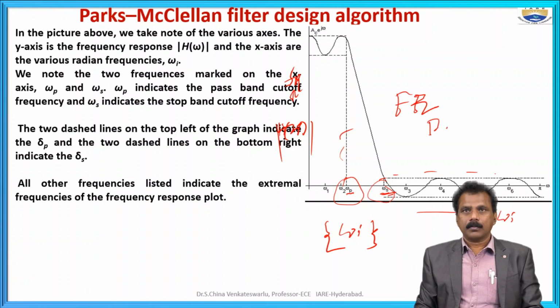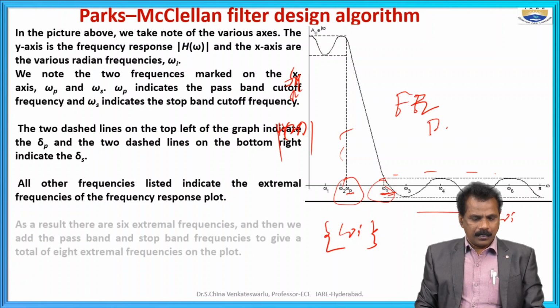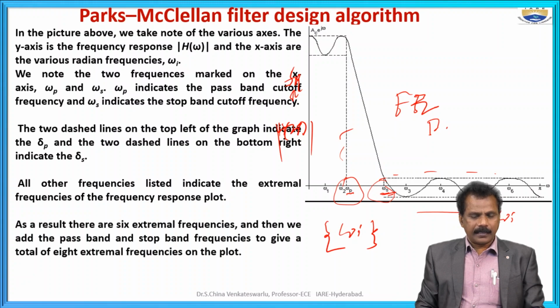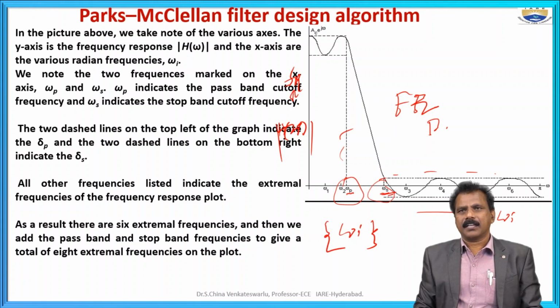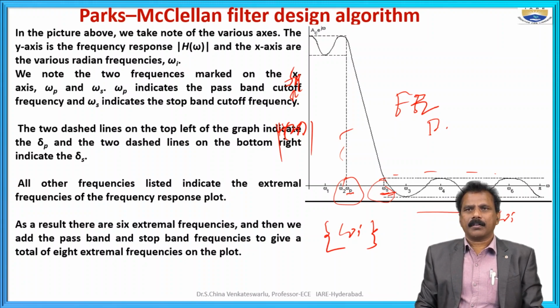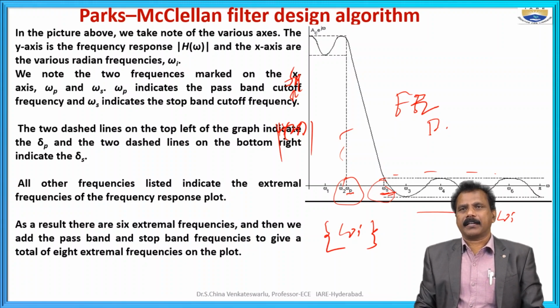As a result, there are 6 extreme frequencies. What are the 6 extreme frequencies? Omega 1, 2, 3, 4, and so on. Then we add the passband and stop band frequencies to give a total of 8 extreme frequencies in the plot.